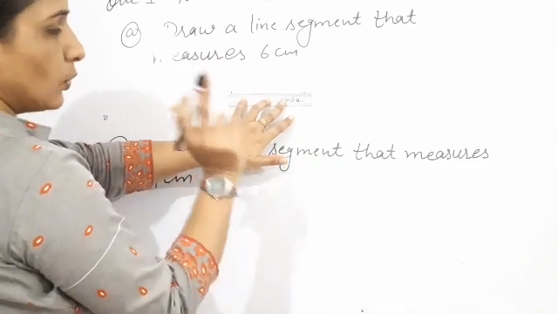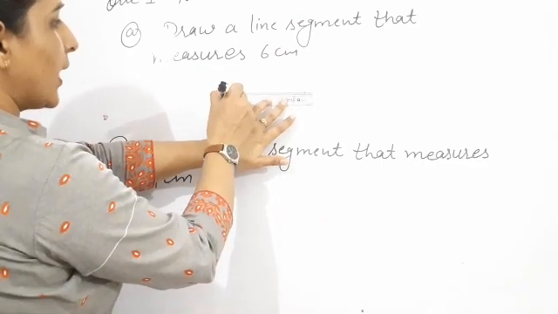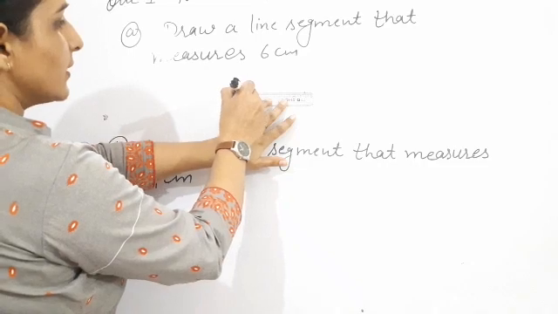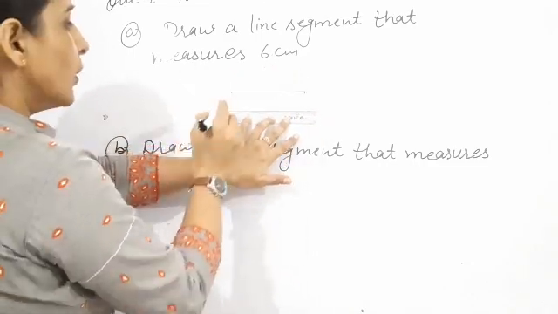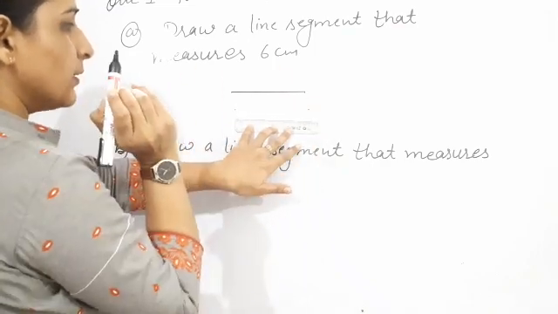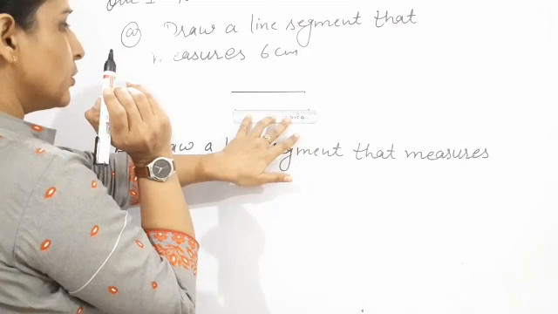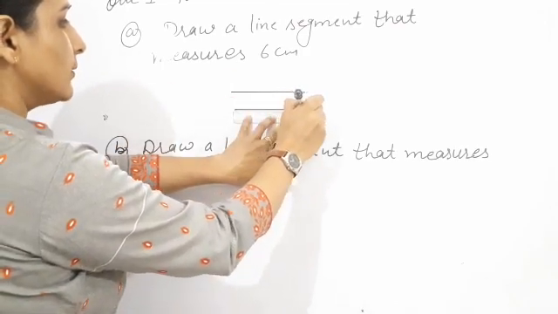You can draw in two ways. Don't move this one. From 0 you start, then 6 centimeter, like this. Otherwise, how do you draw? You take one point here and one point at 6 centimeter. After that, join both like this.